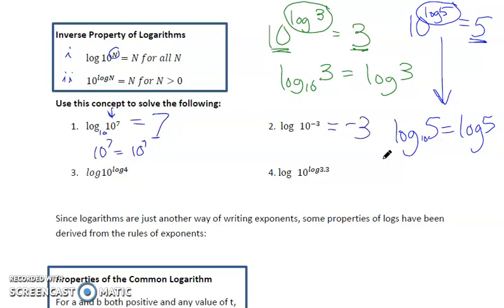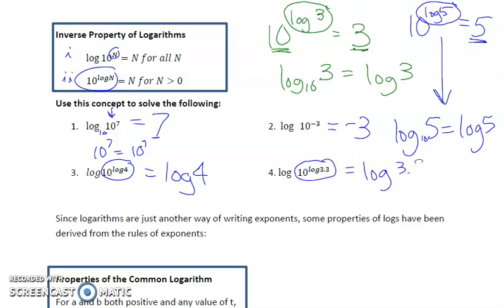In problems 3 and 4, I am using the second rule, and here is that second part right here. So this ends up being log of 4. And then here, there's that second rule, so we're going to end up with log of 3.3. Because we are using a base 10 calculator for logarithms, we can stick the log of 4 in the calculator to see what that answer is.